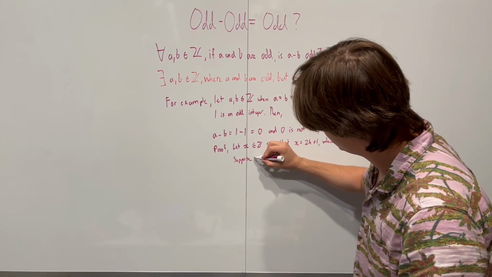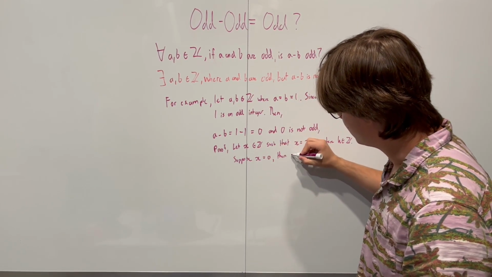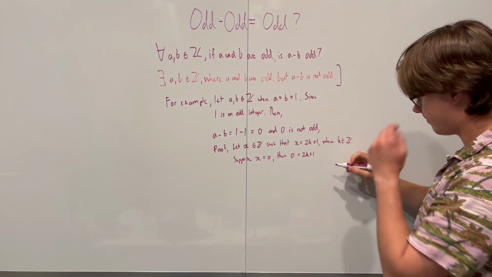Suppose x is equal to 0, then 0 is equal to 2k plus 1.